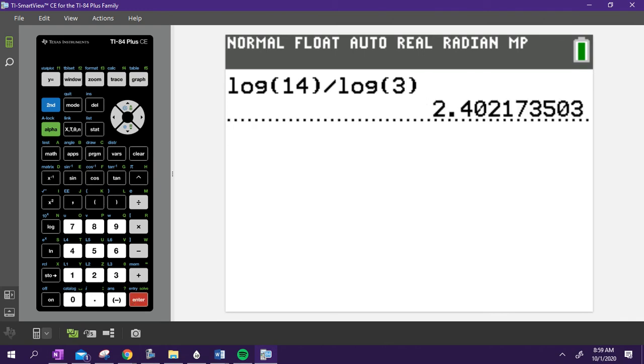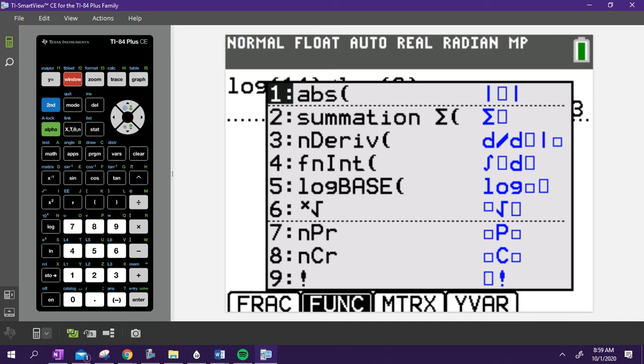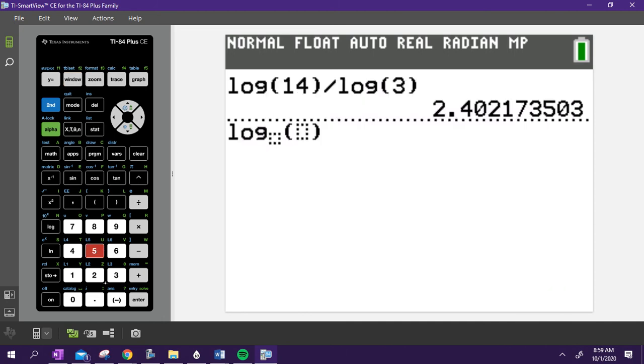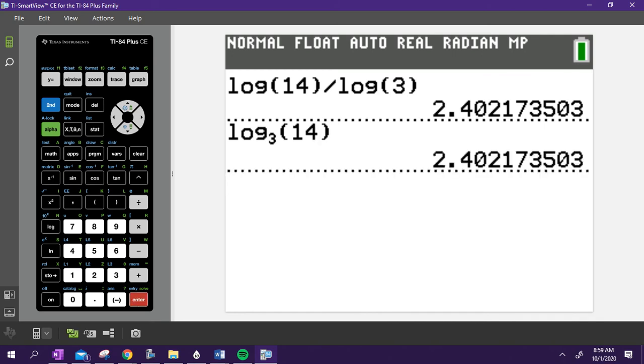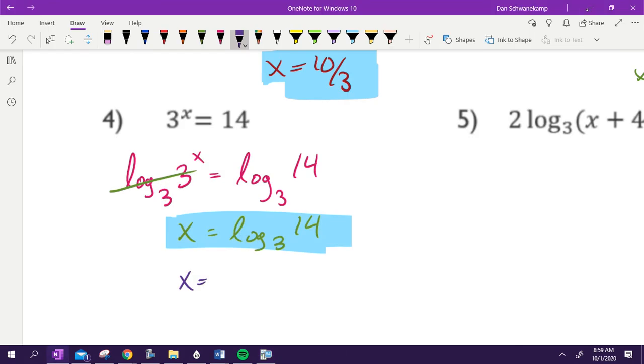That's easy to do. Or if you want to use log base, you go alpha F2 down to number 5, log base 3 of 14. Hit enter, boom, same thing, 2.02. That's the approximate answer because I used my calculator and rounded my answer in the end. Questions there?